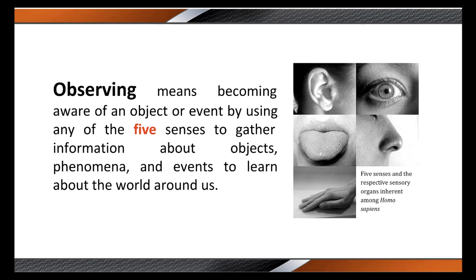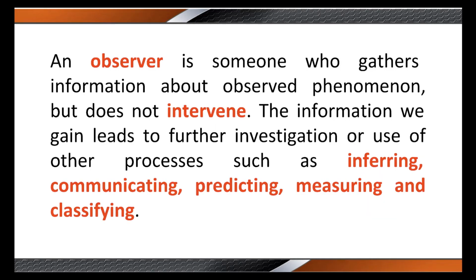So what are some other senses that we can use to observe other than sight? Well, if you're going to hear something, taste something, smell something, feel something, all of those are senses that help to tell us about the natural objects and phenomenon that exist in the world around us. All right.